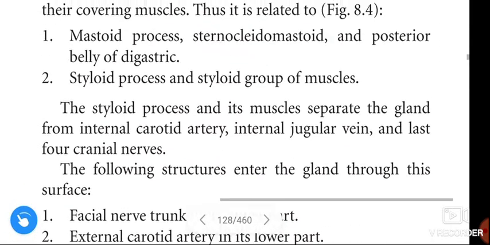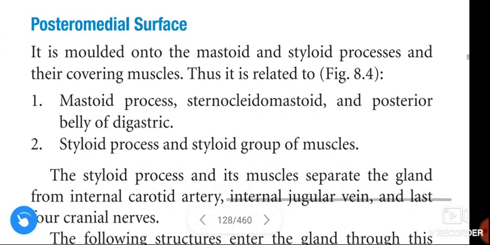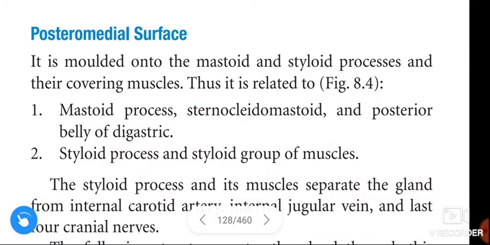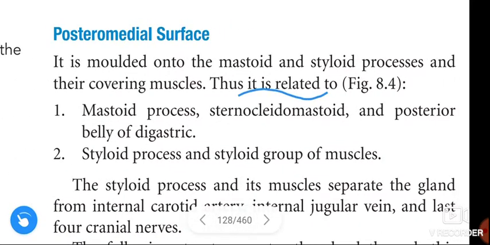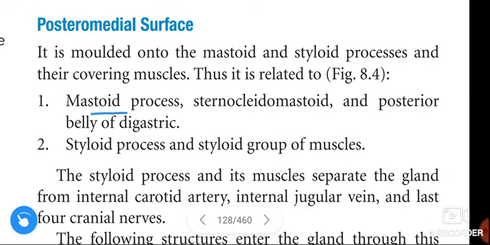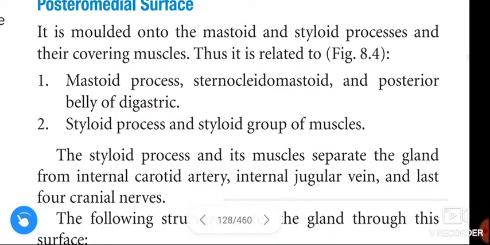Coming to the figure, see here once again, it is related first to the mastoid process, sternocleidomastoid and posterior belly of digastric, and styloid process and styloid group of muscles.